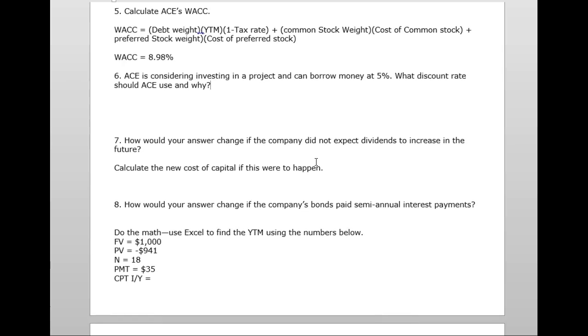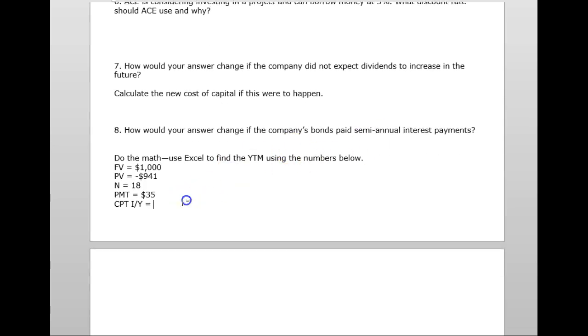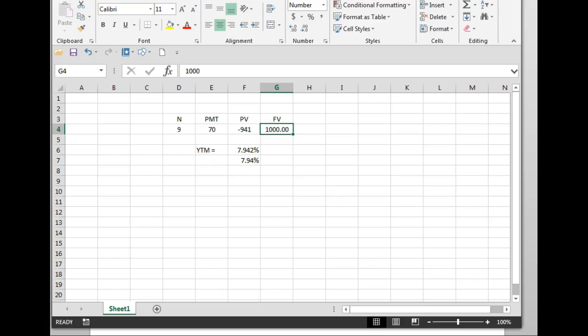And then you're going to change things. And it's going to ask you how changing those numbers changes how you would feel about a project. And this is the one I told you about right here, that you want to bring up and change to find out what it would look like if it were semi-annual.